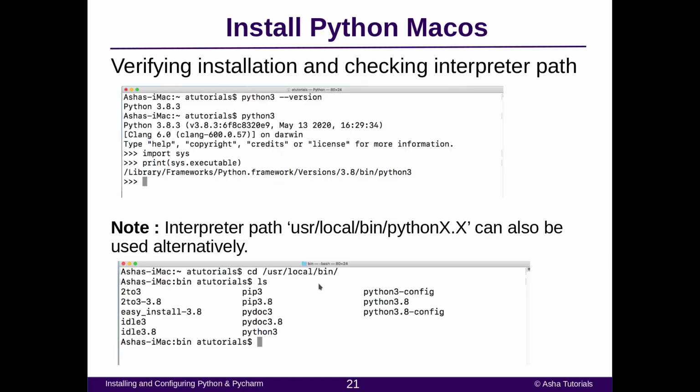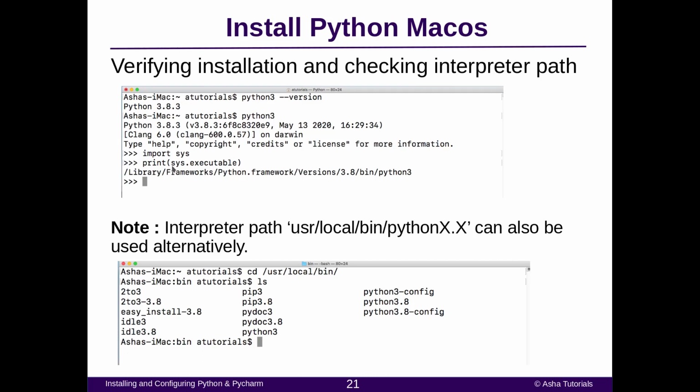After finishing the setup, open the command prompt and type python3 --version, which will return the required Python version. And by typing python3, you can enter the Python shell.